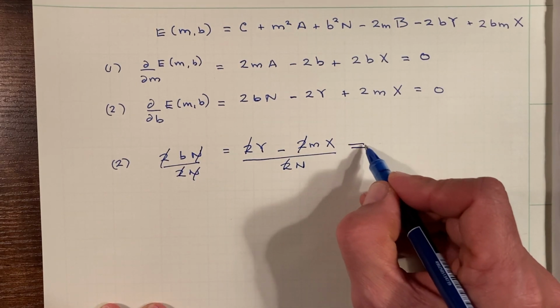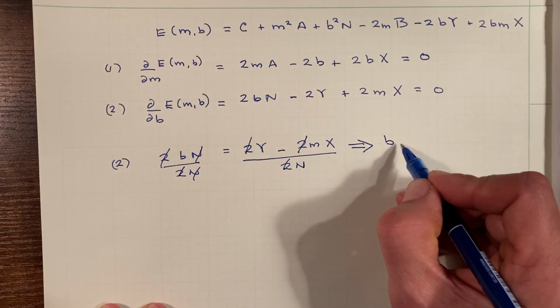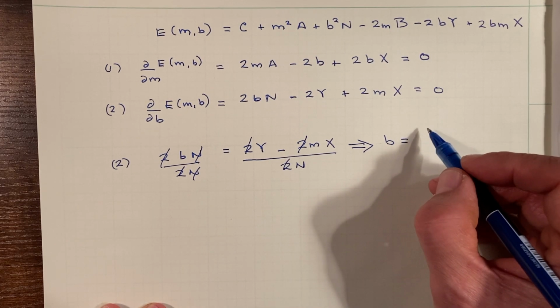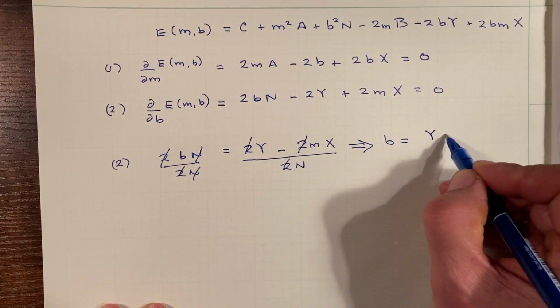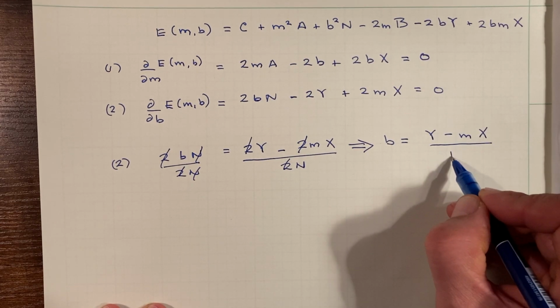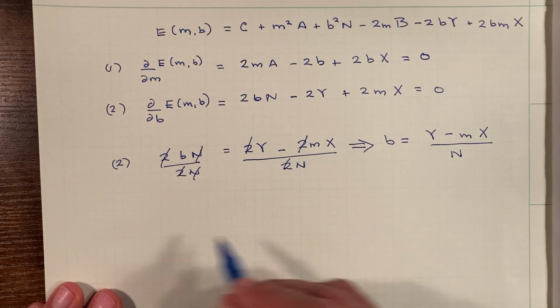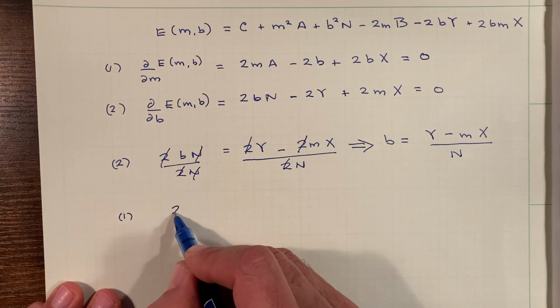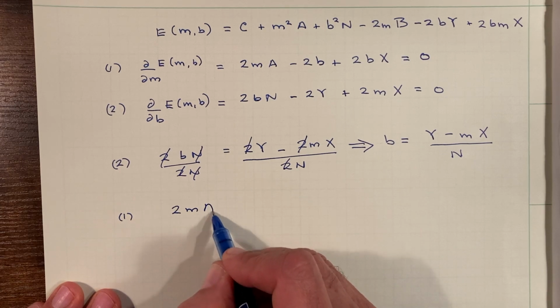And this implies a value for little b, which is our y-intercept. This is equal to big Y minus m, big X, divided by n. We go now to expression number 1, and we write it down again with some manipulations.